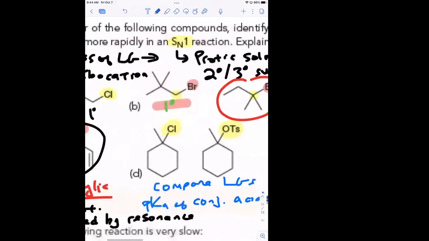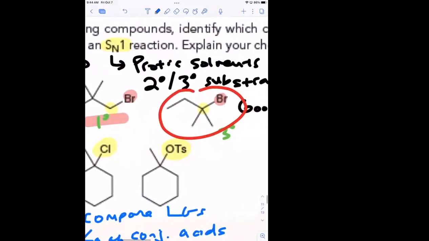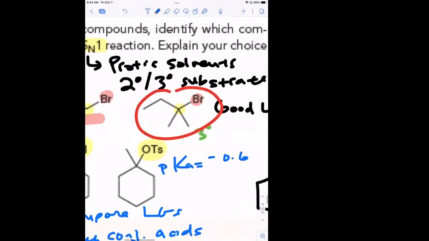So the pKa for HCl, which is the conjugate acid of that, we said -7, and this pKa, which should be a lowercase p, is -0.6. Which one is a better acid?